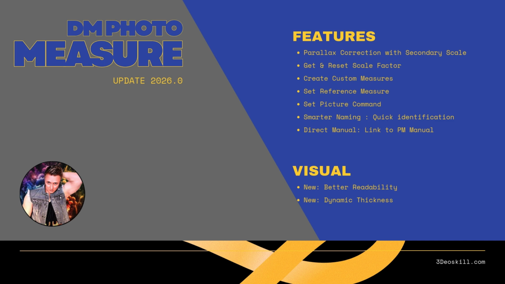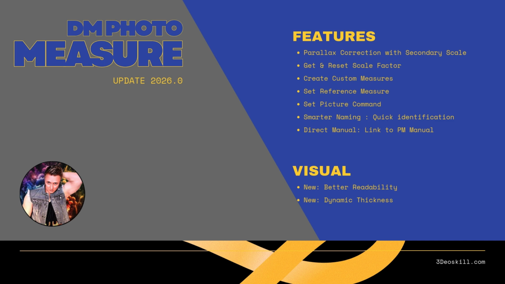Then the PM also now has smarter naming for quick identification, which I will show in a minute, and also a direct link to the online manual. Then there are also some visual updates, so it now has better readability.